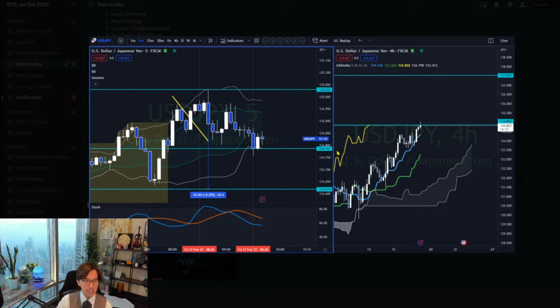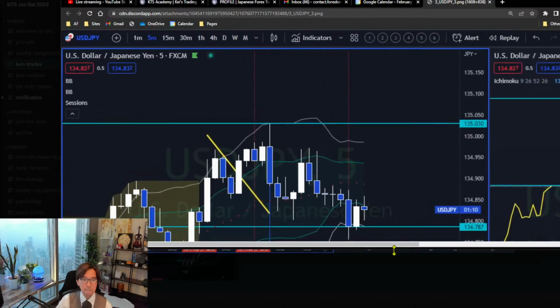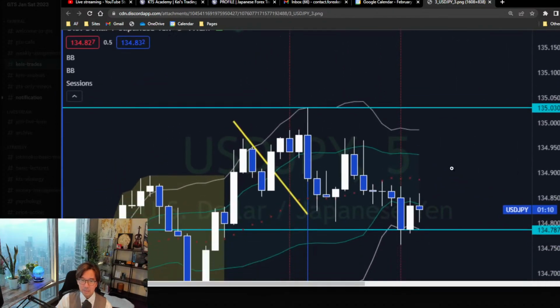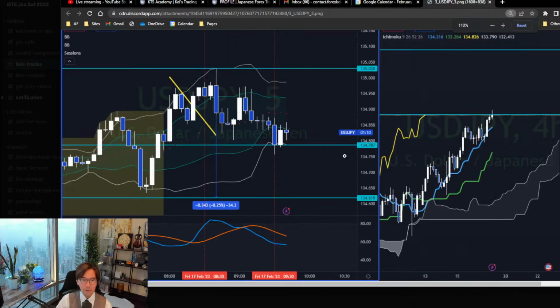Let me open the browser again so that you can see the bigger picture of this exit timing. Before I talk about the 5 minute, the 4 hour was still bullish. The 4 hour Kumo was bullish, and Kijun Sen was still bullish. So in the long term, the market may have gone up this way.